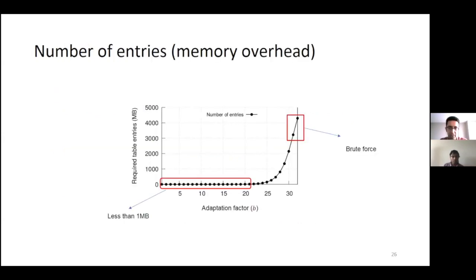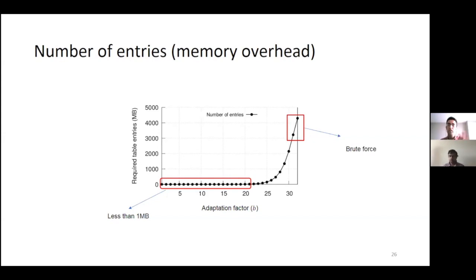Here's the first graph. The x-axis shows the adaptation factor, or b, and the y-axis shows the required table entries in megabytes. As we expect, when the adaptation factor increases, when I move from 1 to 2 to 3 to 32, the required table entries increase because we're generating more groups.